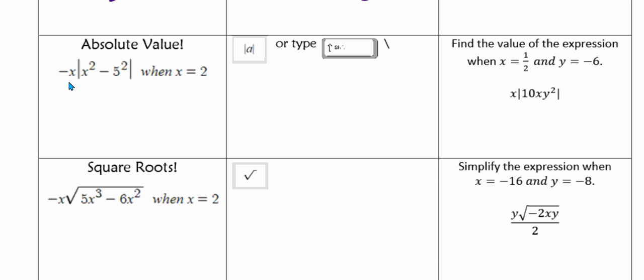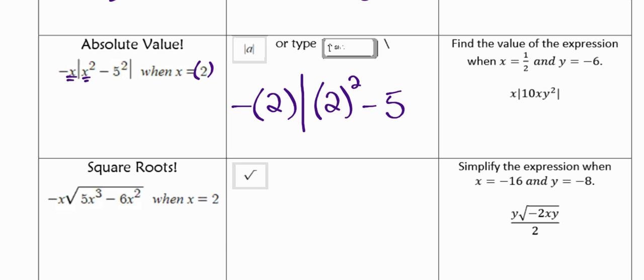So we are trying to write this -x times the absolute value of x squared minus 5 squared, where x is 2. So -2. That x gets replaced with the 2 in the parentheses. This x also gets replaced with that 2 in parentheses. I have an absolute value, and then 2 squared minus 5 squared, and then I close my absolute value.